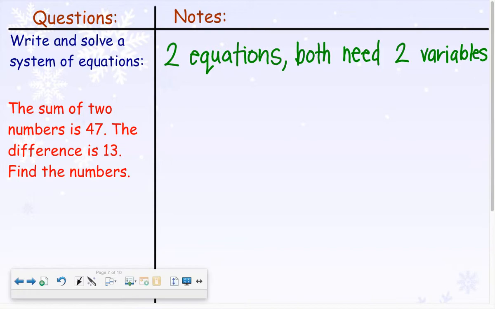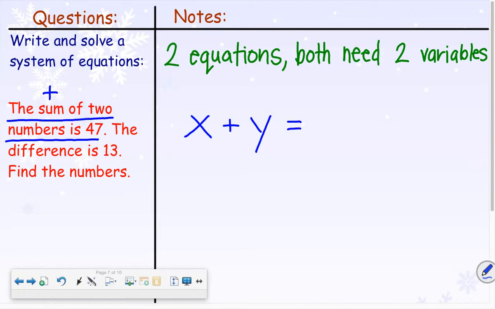Okay. In a situation like this, our first sentence, the sum of two numbers is 47. That's going to make our first equation. So first of all, we have to think of what the word sum means. In math, the sum means addition. So the sum of two numbers. We don't know what the two numbers are, so that's going to be our two variables. So if I add my two variables together, is, meaning equals, so the sum of two numbers is 47.